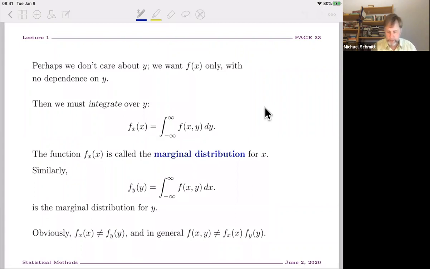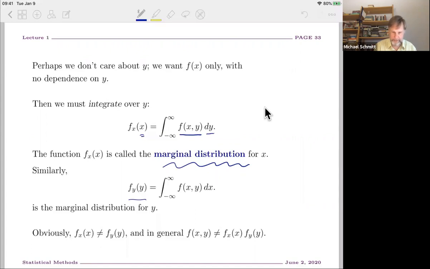In the context of statistical methods, if you have a two-dimensional distribution, even a complicated one, but you've decided that you're only interested in X, then you integrate over Y, leaving you a valid PDF that has all the properties a PDF should have, which is only a function of X. This is known as the marginal distribution for X. And of course, you can also form a marginal distribution for Y, which is a different function.